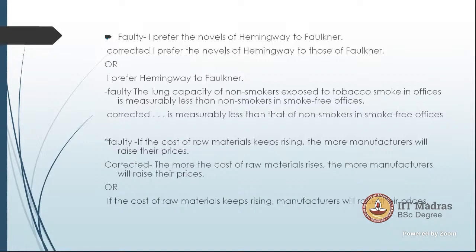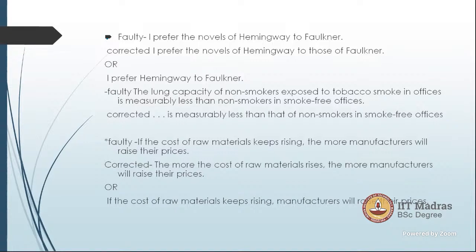So you can rewrite this as: the lung capacity of non-smokers exposed to tobacco smoke in offices is measurably less than that of. Adding the phrase "that of" makes the second part refer to the capacity rather than the non-smokers themselves. Okay, so now the problem is solved.